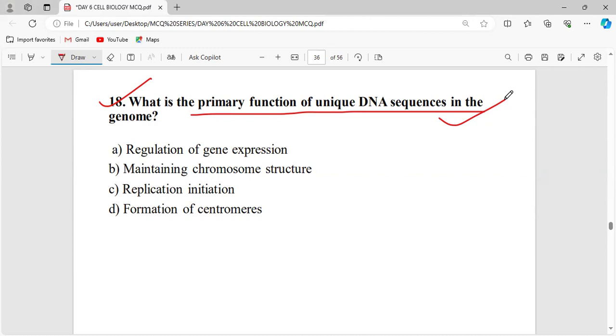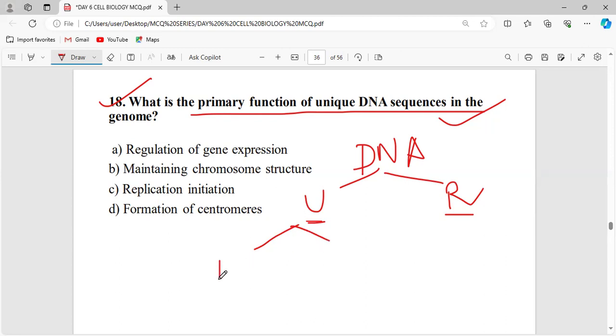And before that, I have to explain the types of DNA sequences we can find in our body. See, DNA sequences can be categorized into two types: unique DNA, or non-repetitive DNA, and repetitive DNA. Unique DNA can be further categorized into truly unique, which is a single copy of a gene, and the gene family, where we can find similar sequences, and hemoglobin is the example.